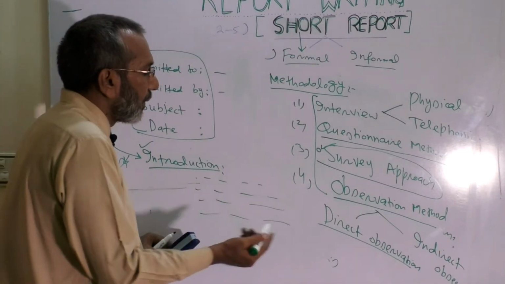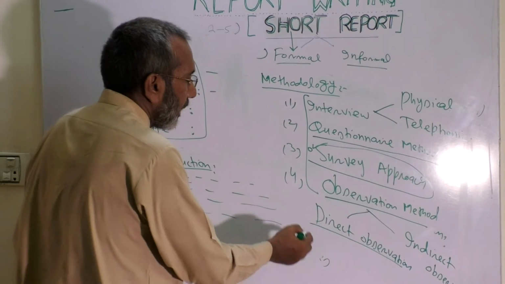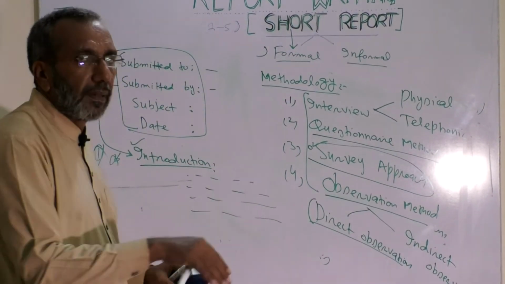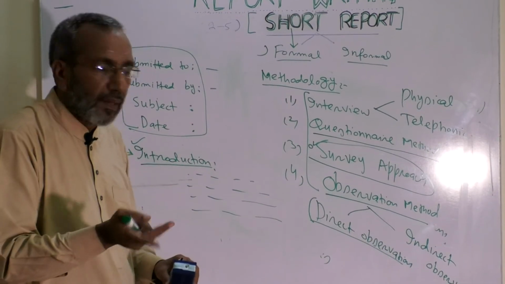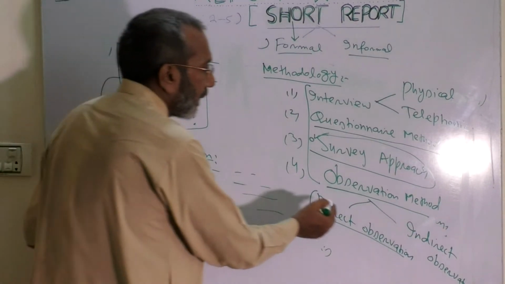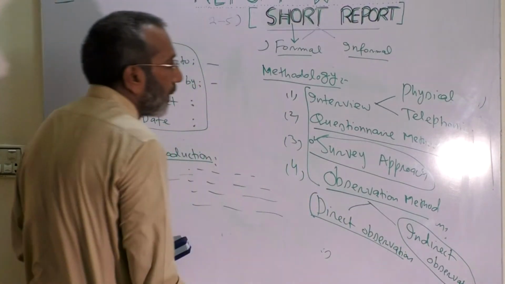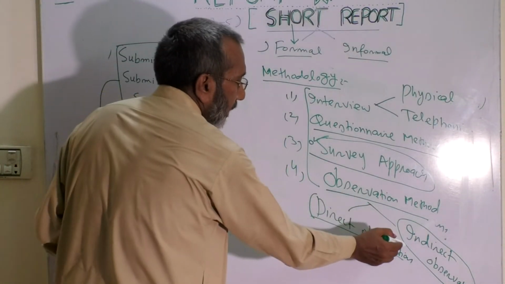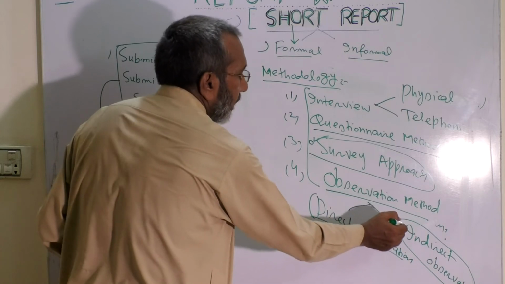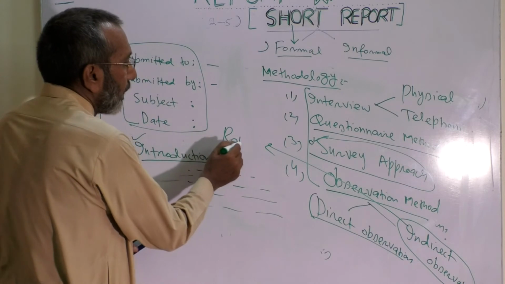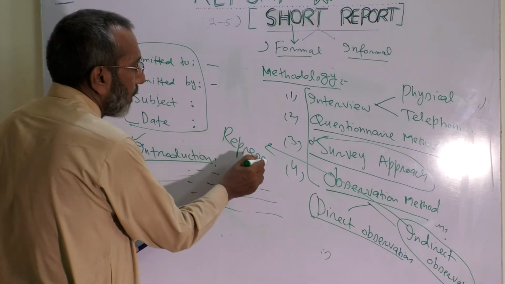But this is not actually feasible, because one person cannot go to different places, different spots at the same time. So in routine, instead of this, we use indirect observation, or sometimes we call it the representation method.